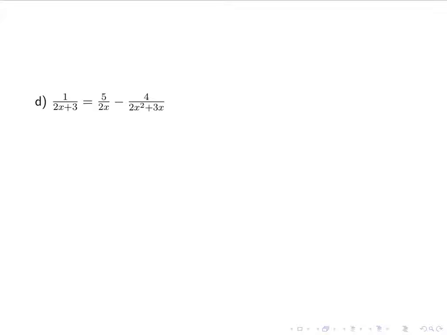Okay, so let's do this last one: 1 over 2x plus 3 equals 5 over 2x minus 4 over 2x squared plus 3x. The only factoring I can do is there's a GCF of an x in the last term. For my LCD, I have a 2, I have an x, I have a 2x plus 3. So 2 times x times (2x plus 3).